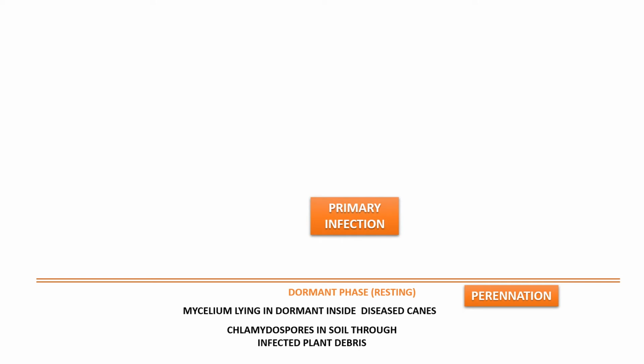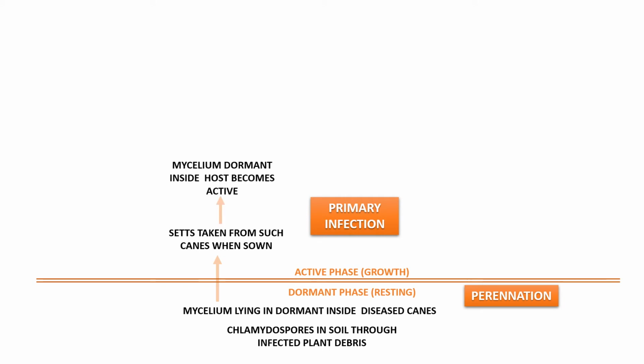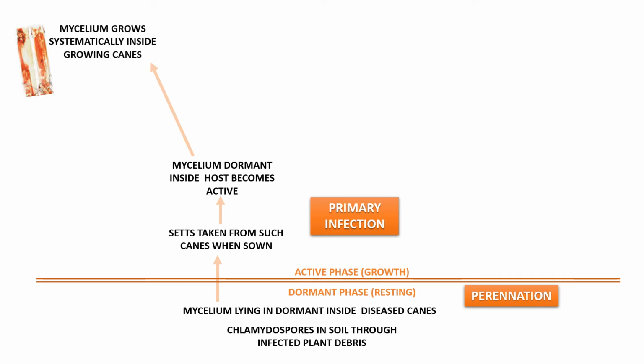The primary source of infection or the inoculum. From here, the active phase or the growth phase of the causal organism starts. The mycelium, which was lying dormant inside the diseased cane, when the sets are taken from such canes and sown, becomes active and grows systematically inside the growing canes.